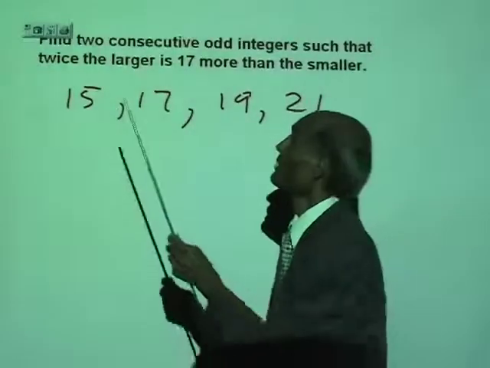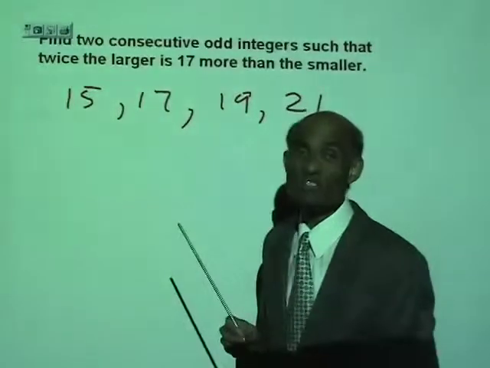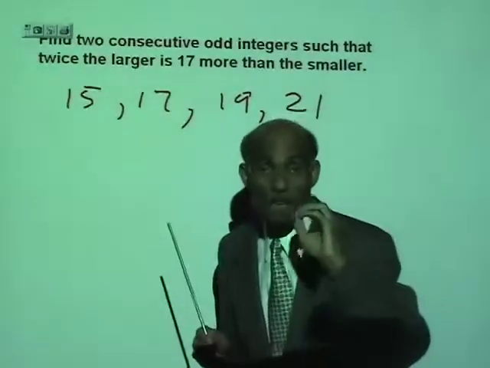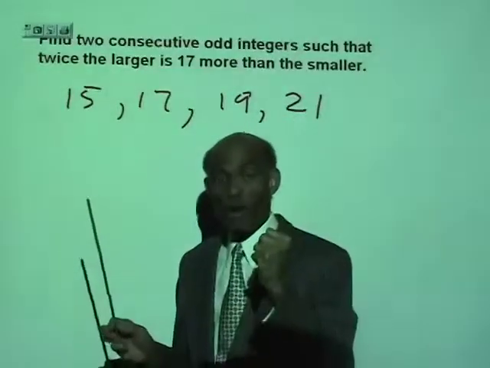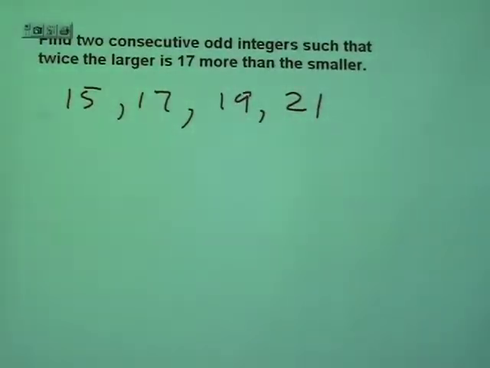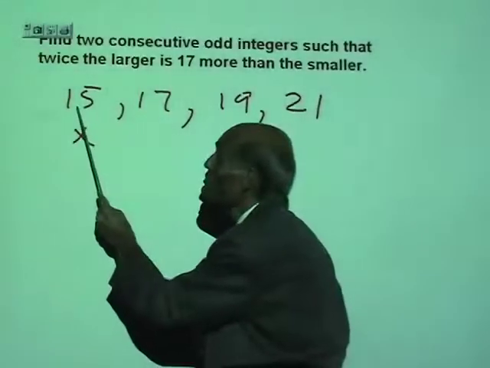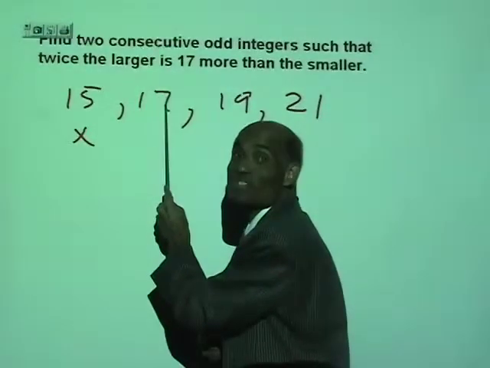So, you are told find two consecutive odd integers. So the best way to start with this, say let the smaller one be called x. If 15 is the smaller one, then the next bigger one will be 17.